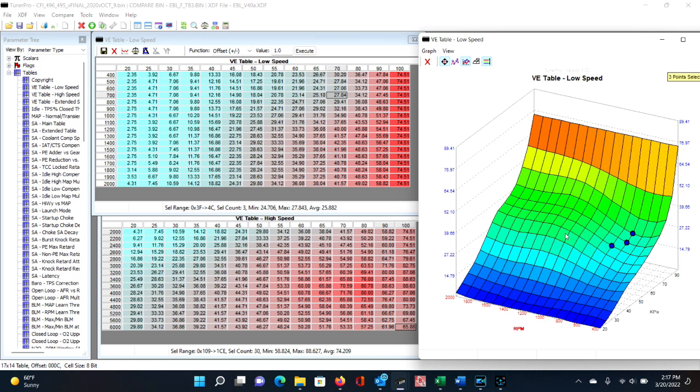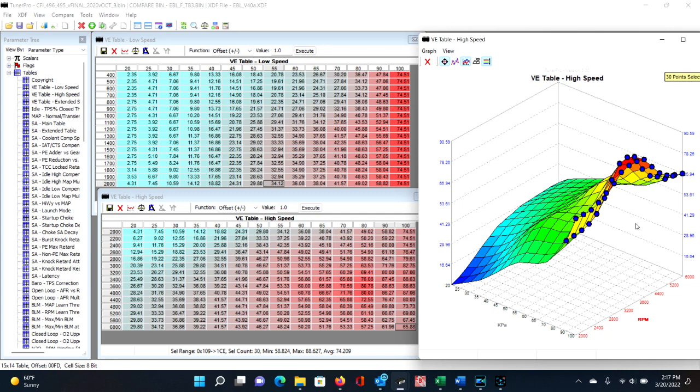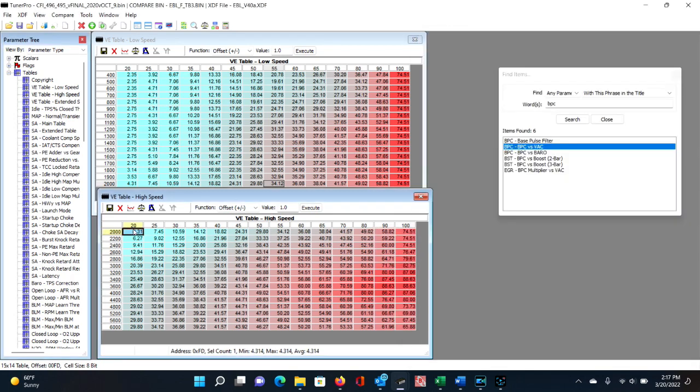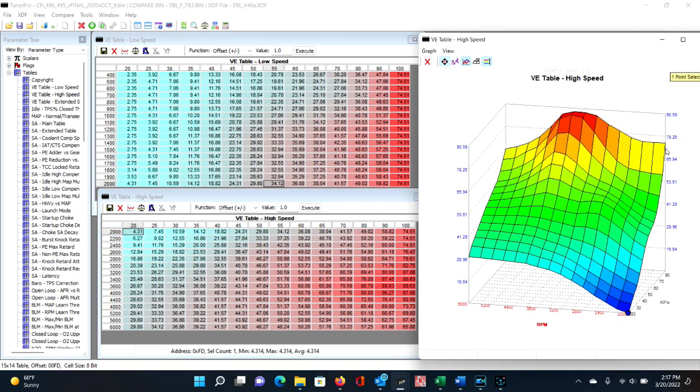As it starts to come off idle and comes over 1000 RPM, that cam starts to open up from its idle. Then at about 2000 RPM, you start to see it curve up here. On the high speed table, you'll see where it really comes to life. I'm going to click off of the wide open throttle, but you see right here about 2000 RPM is where it really starts to build.